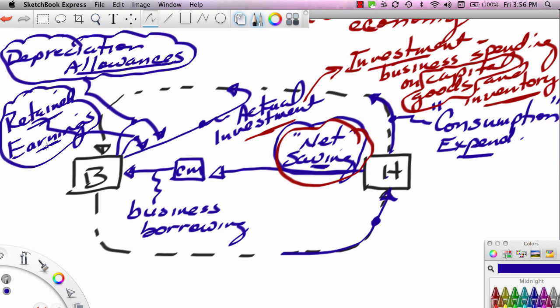Okay? So what we see then is businesses basically saving two ways. They use depreciation allowances and they use retained earnings. These are both business saving. Notice I could have channeled these two flows into the credit market, which would be, I think, more realistic. Businesses borrow from the credit market, but businesses also save into the credit market.